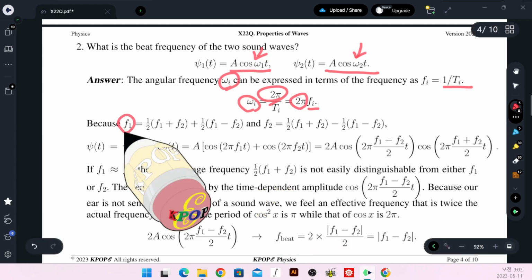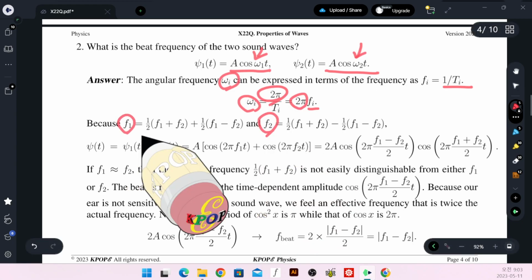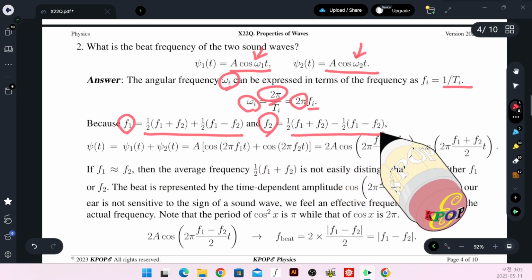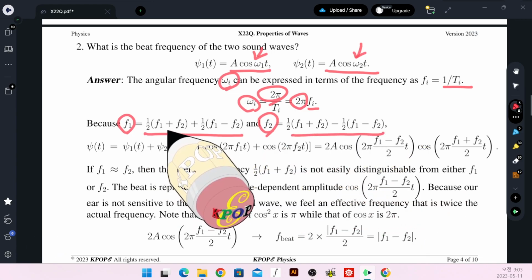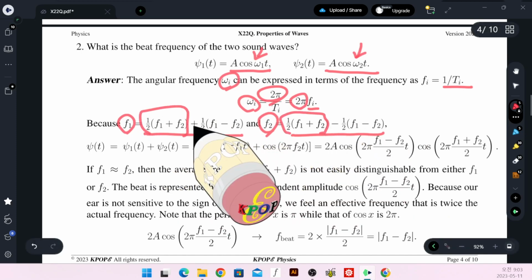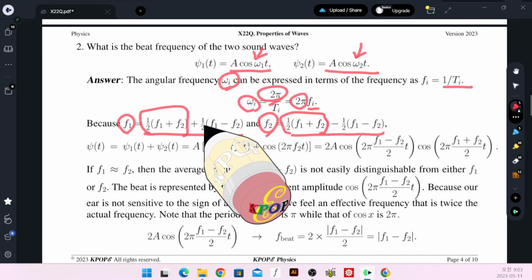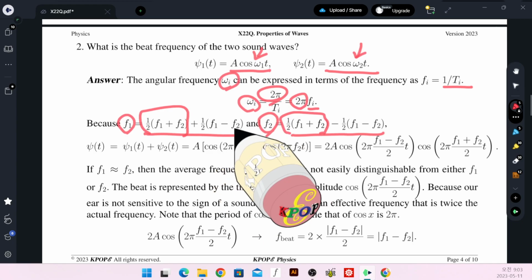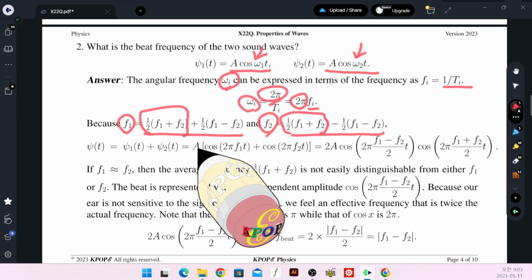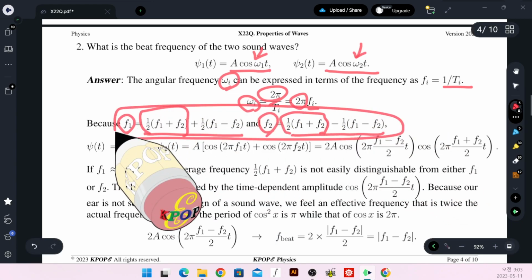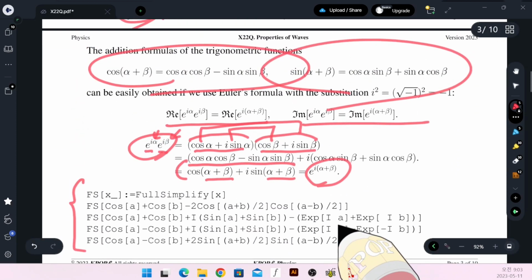We can say f1 and f2 are the two frequencies, and simple algebra will tell you that each is the average of these two plus something or minus something, where the something is 1/2 of the difference. Any real number, any vector, we can do this job. All right, in that case, we can make use of the addition formula.